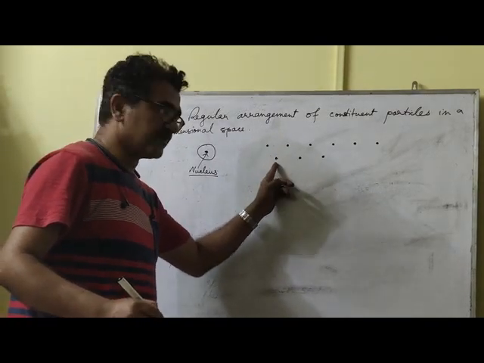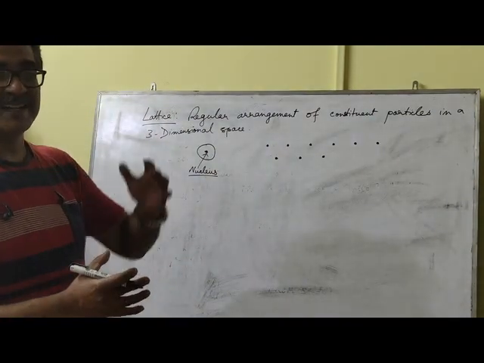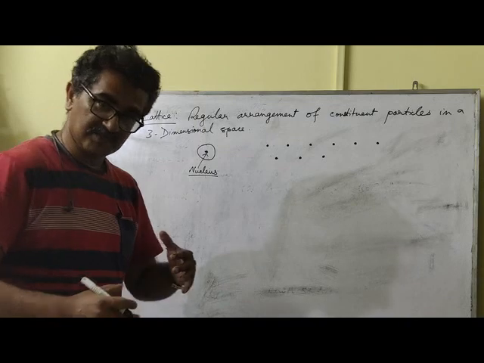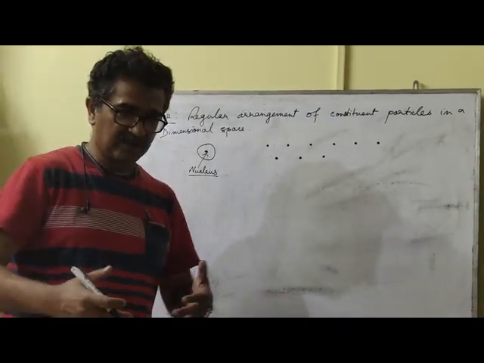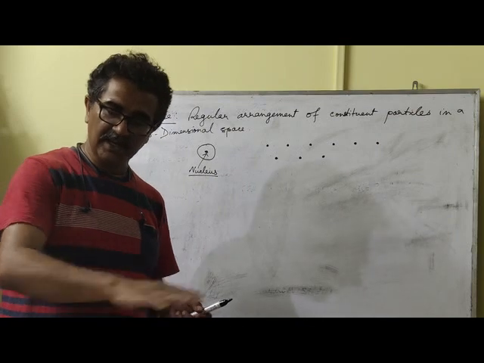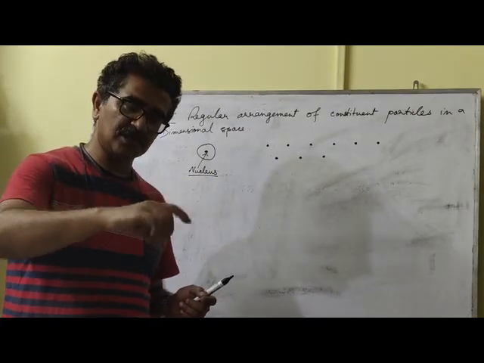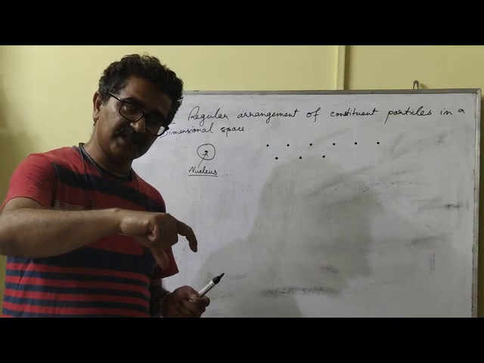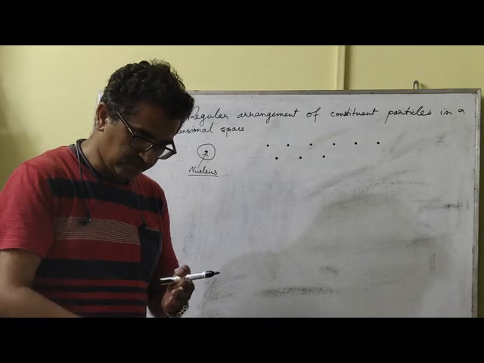Between the two atoms, I've kept one more atom. This is to keep it in a very tightly knit space. This will require less space. You can imagine, if you have a box where I keep a layer of balls, and next I want to insert more balls, I will be inserting a ball somewhere in the middle of two balls which are kept.